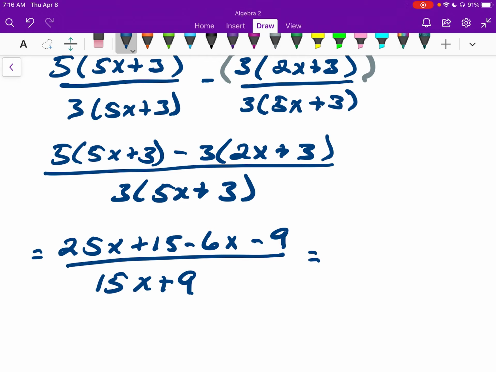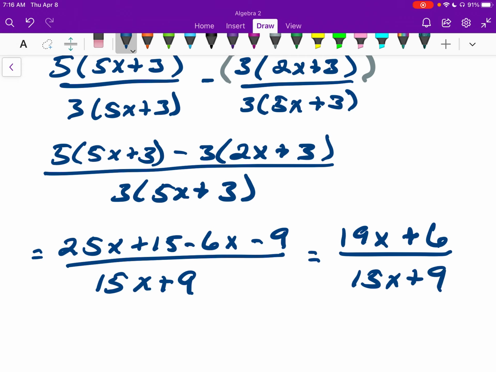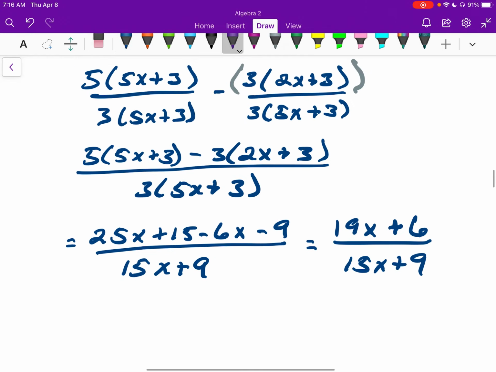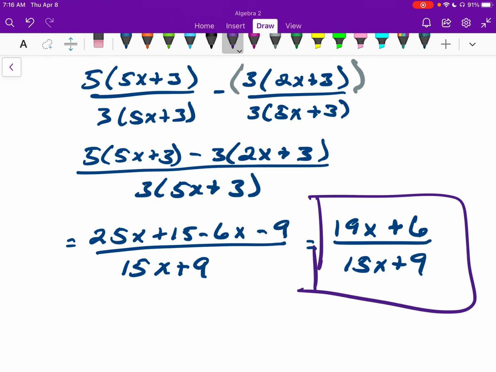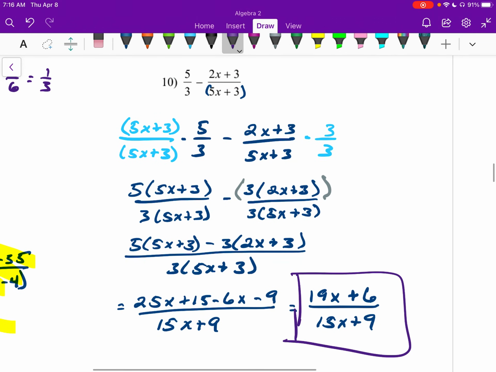We'll have 19x plus 6 over 15x plus 9. All right, and let me circle that. There we are.